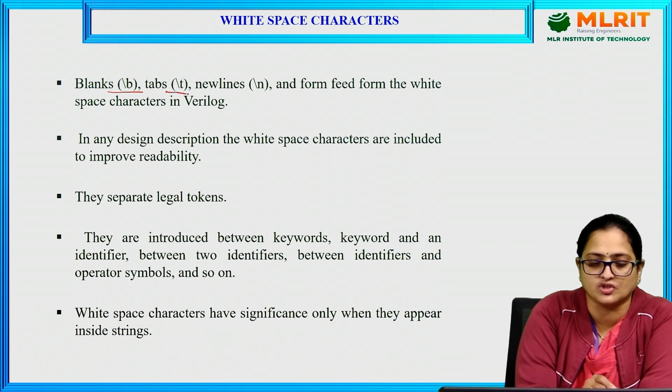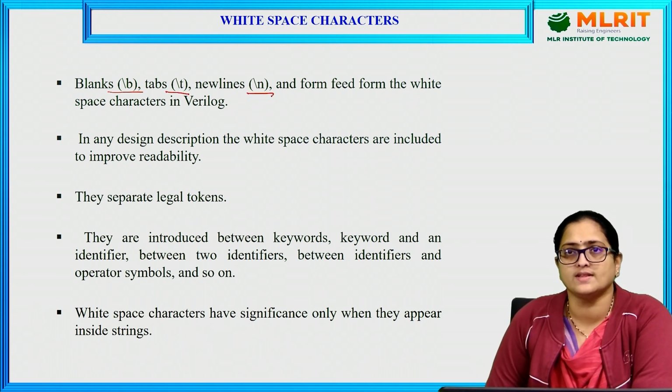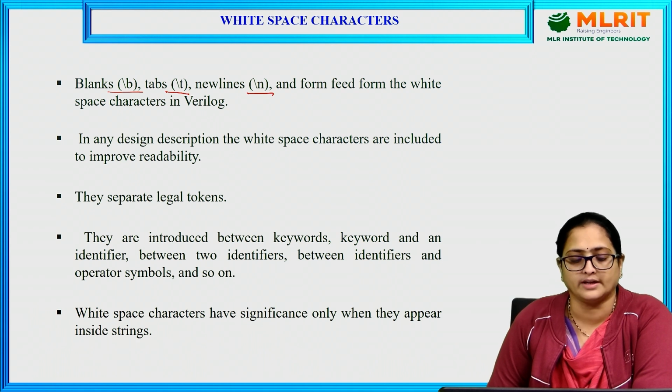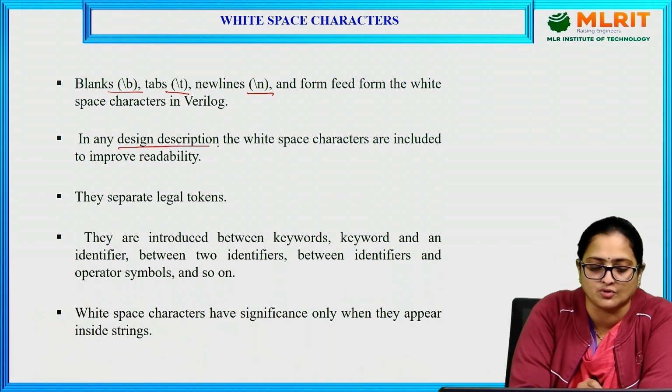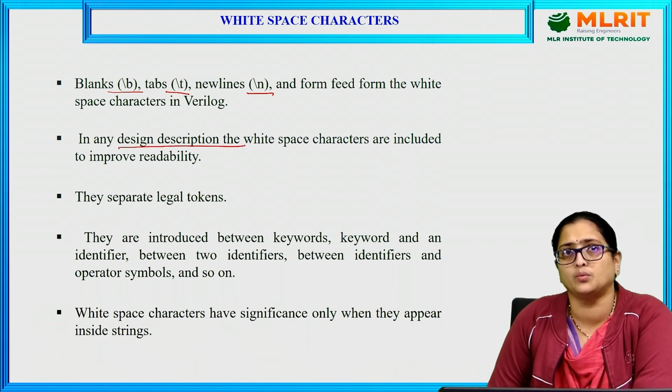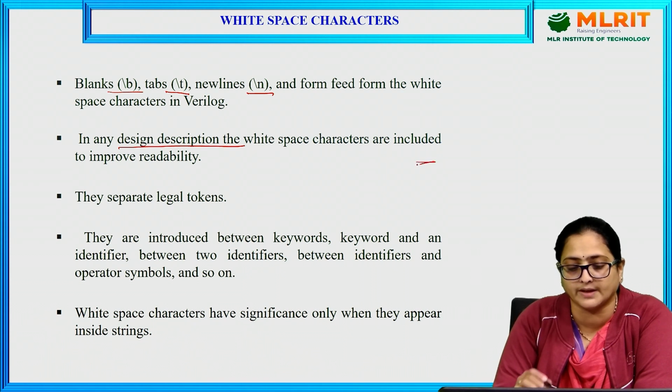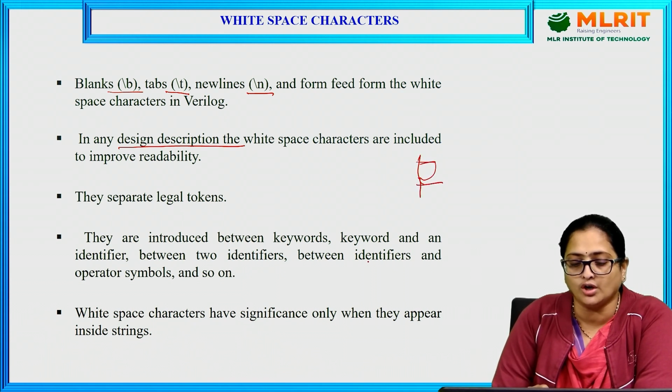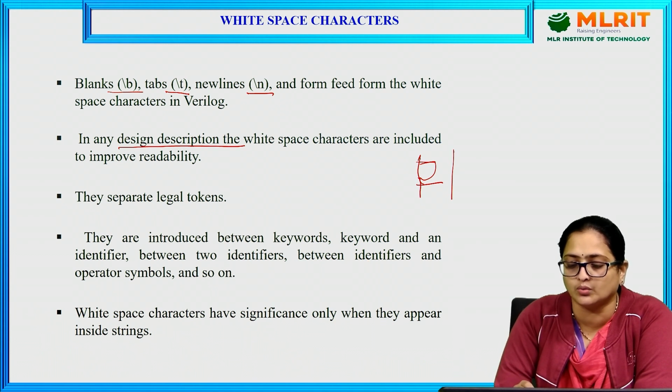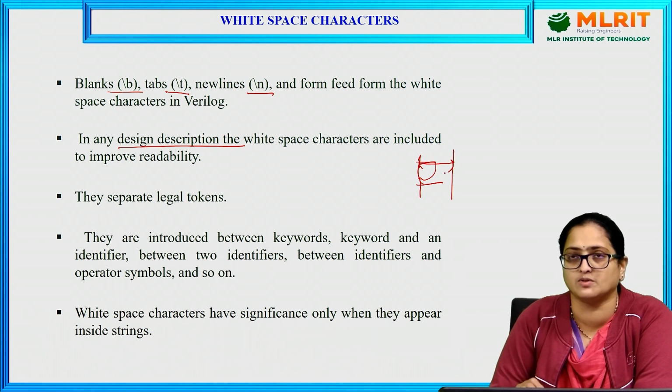Next, white space characters: \b, \t, \n, and some other white space characters. Generally, these are included in a design description wherever you require a blank space, or to start with a new line, or whenever you require a tab space.